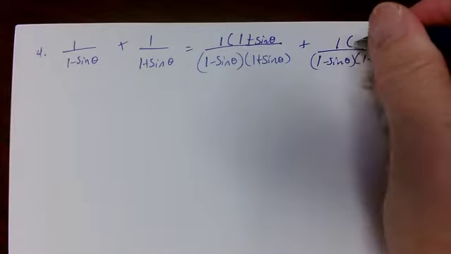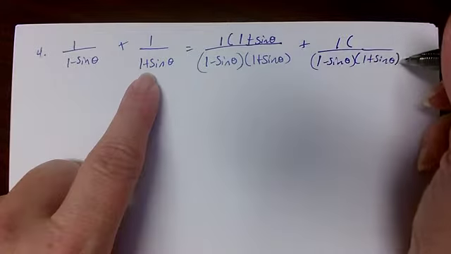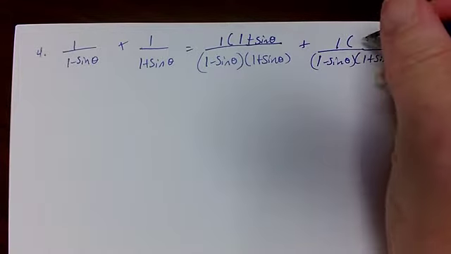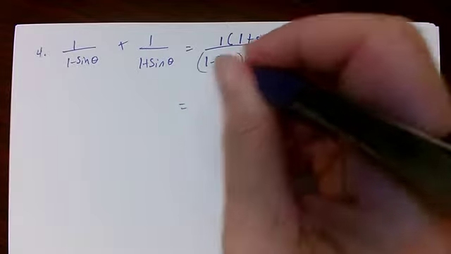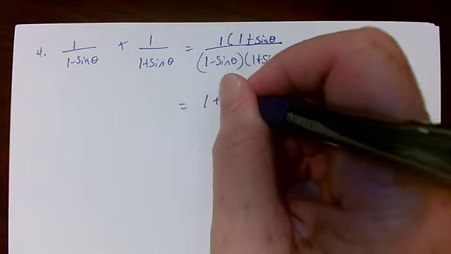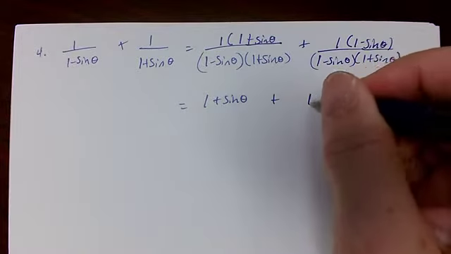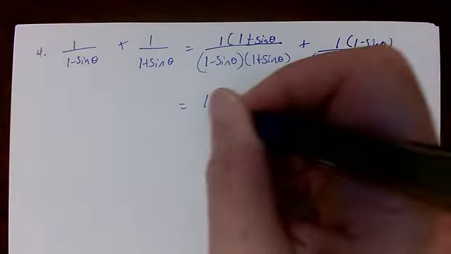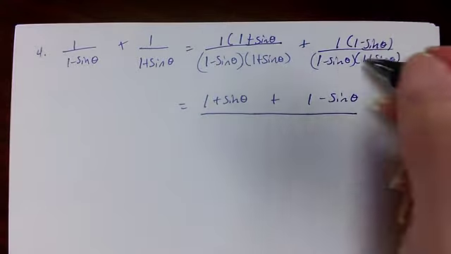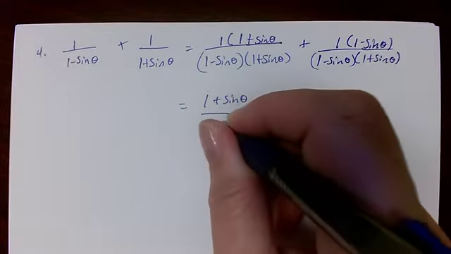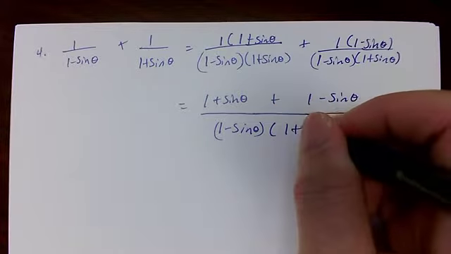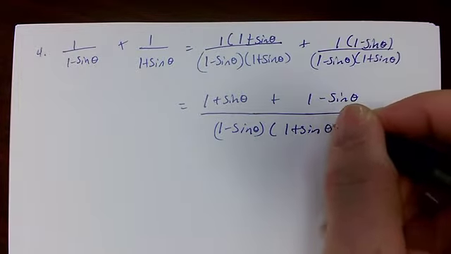This will be 1 times this denominator got multiplied by this, so it's 1 minus sine theta. So this gets me 1 plus sine theta plus 1 minus sine theta, and these are over the same denominator, so I'm going to go ahead and combine them to be 1 minus sine theta times 1 plus sine theta.